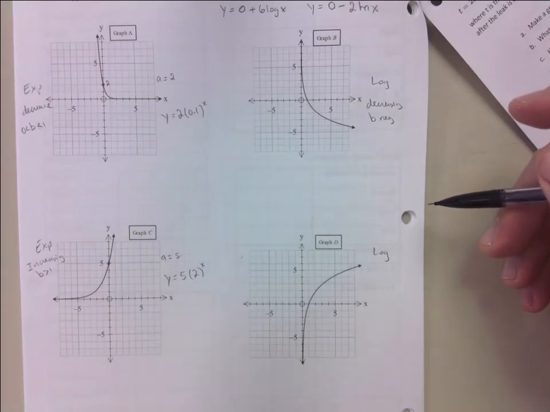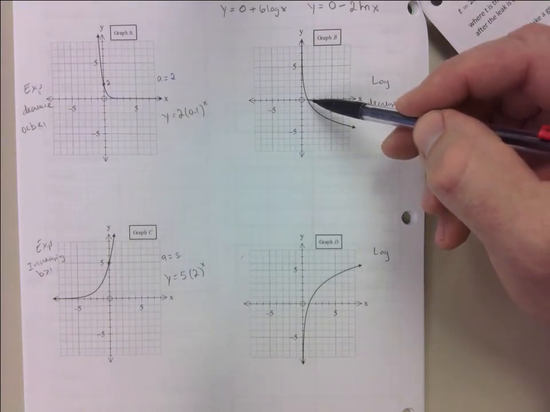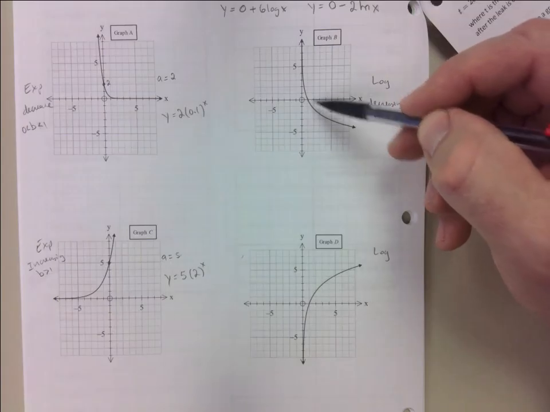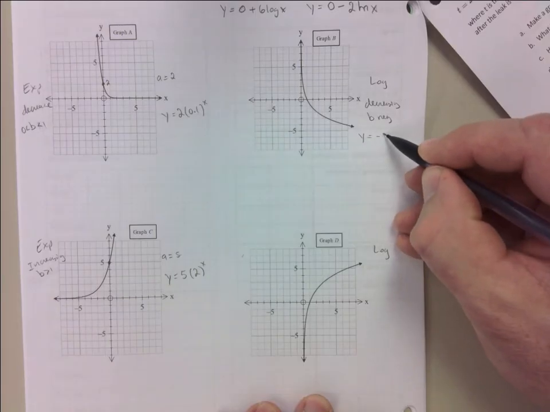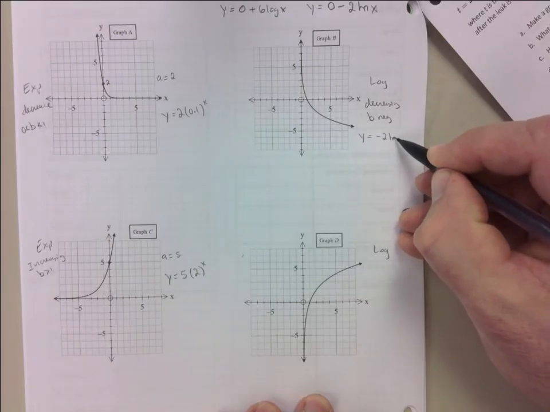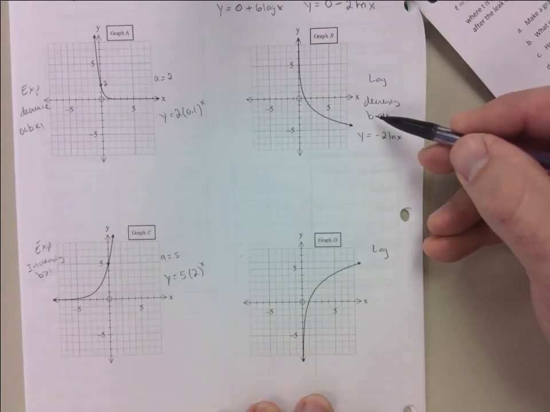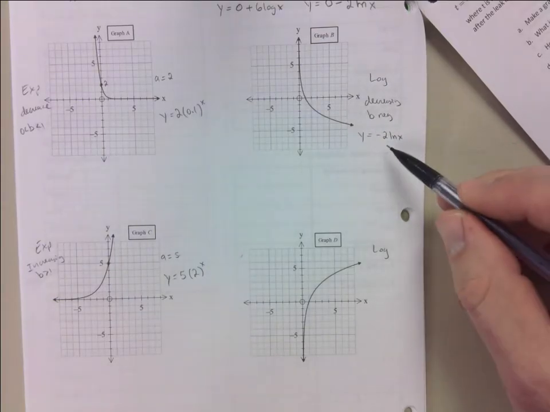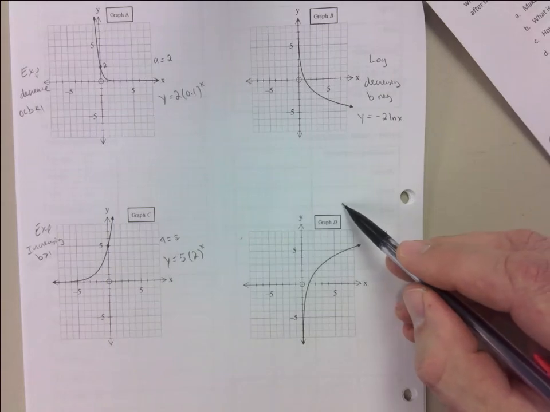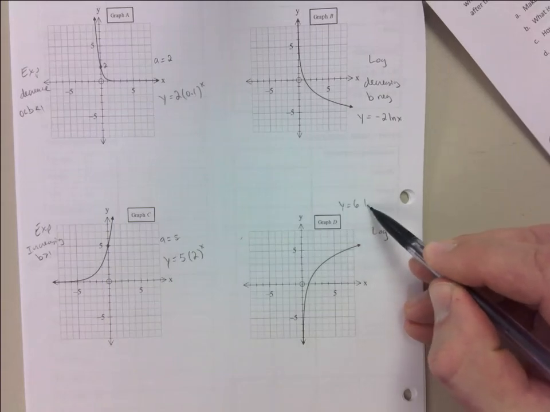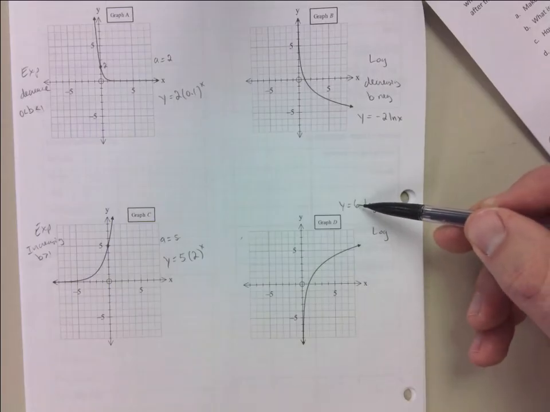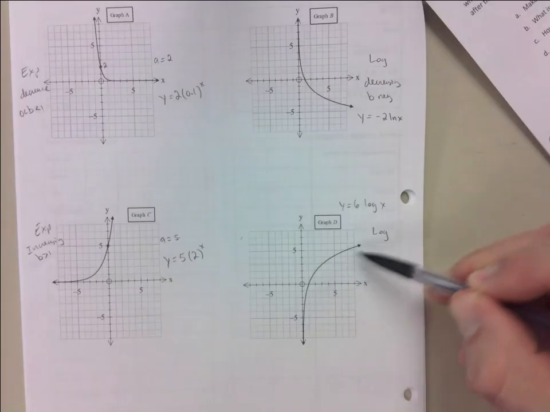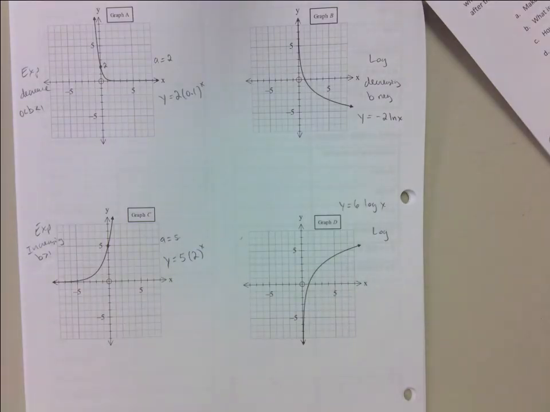I really can't find the point 1, 10, I guess it's here, but I'm just going to go with what I have, and it has to be this one: negative 2 natural log x. It's the only one that has a negative b value, so this one is decreasing. So this one has to be 6 log x, and b is positive, so I do expect this to increase as it shows. So that's how you mix and match.